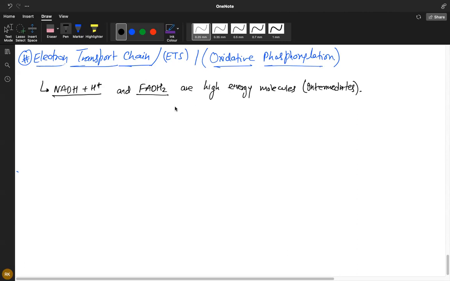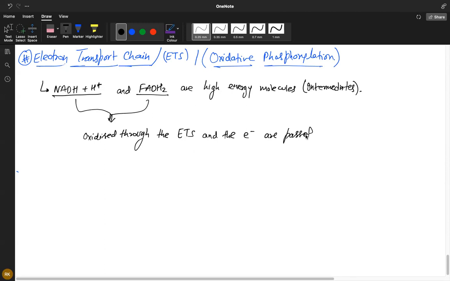So write down: these high energy molecules are oxidized through the electron transport system, and the electrons are passed on to the oxygen molecule, resulting in the formation of water.